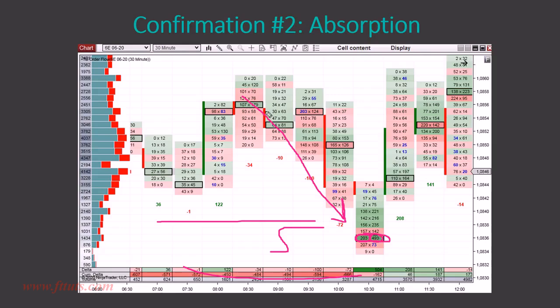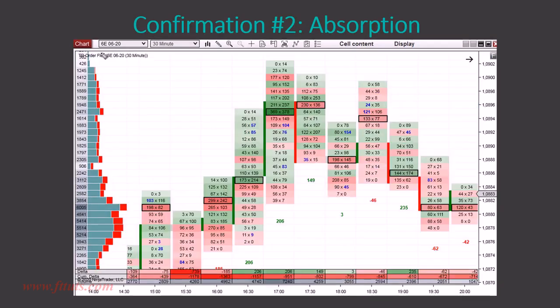The sellers who are pushing the price downwards got absorbed by the buyers who want to buy in here. So the buyers started buying at this price level, and this is the signal for you to go long. As soon as you see big numbers jumping in around your support level, you press the buy button. Alright?